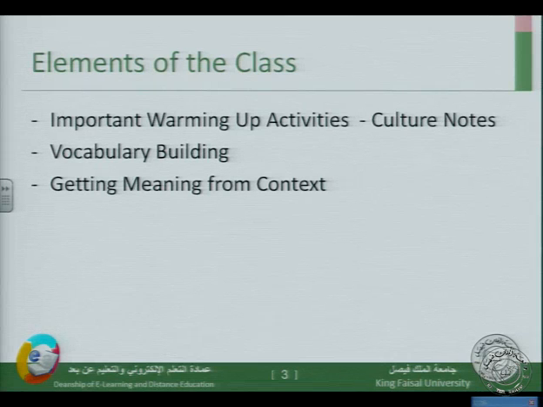Also, we'll be having a very good section, which means a huge number of exercises about vocabulary building, and we will also get a very good skill, reading skills and speaking skills. These skills are called how to get meaning from context, how to get a clue from context.